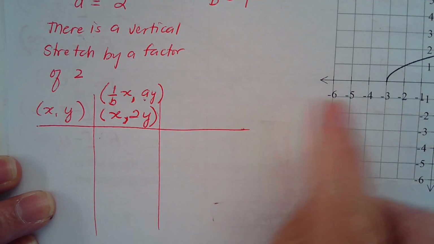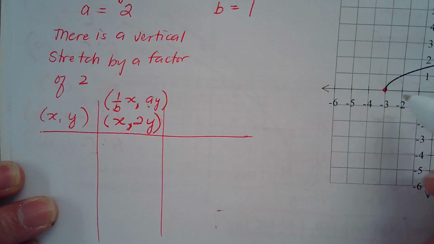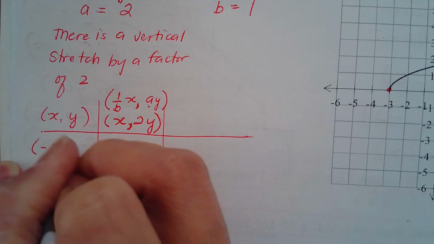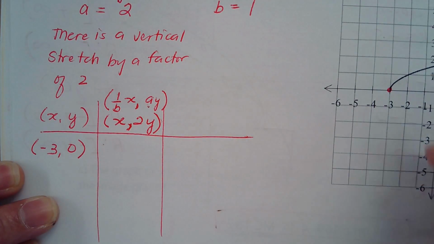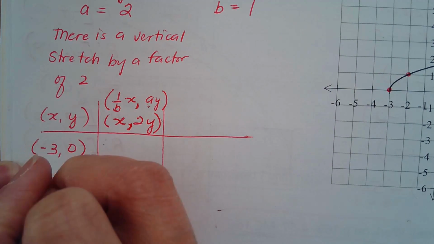Let's pick some points first here. This is a point here: -3, 0. And then I see another nice point there: -2, 1.